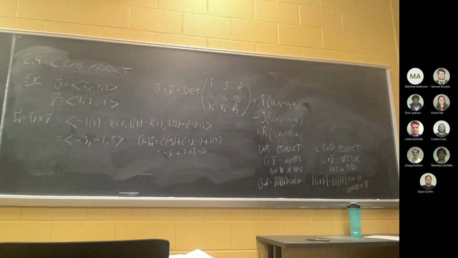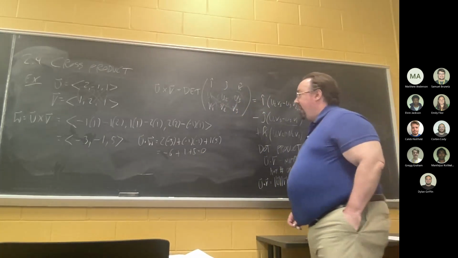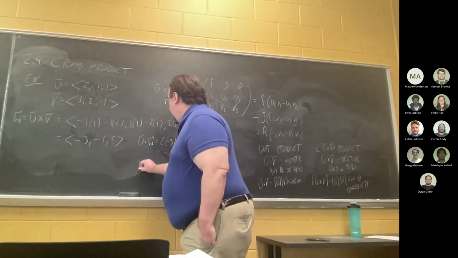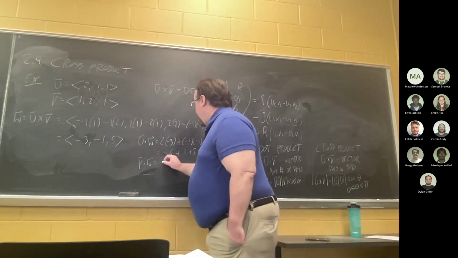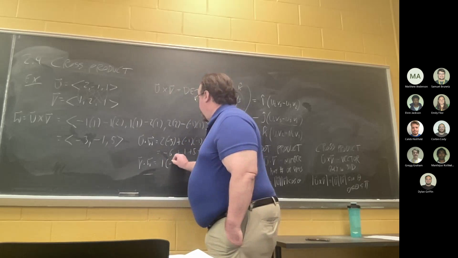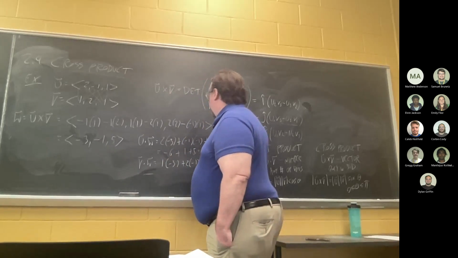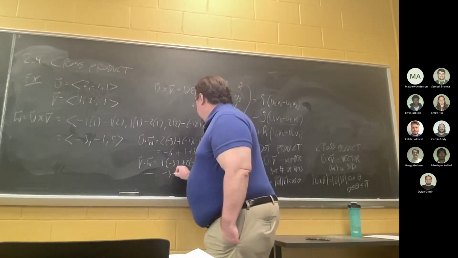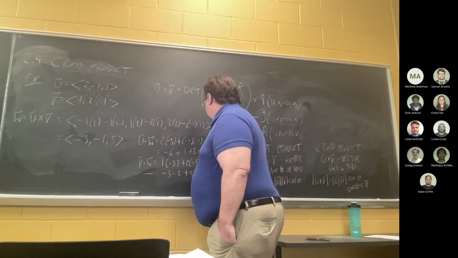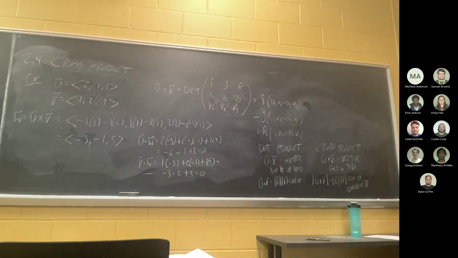That's a good sign that you got it right. Then you can do the same for V and W: 1 times -3 plus 2 times -1 plus 1 times 5. And that turns out to be 0 also. Okay.